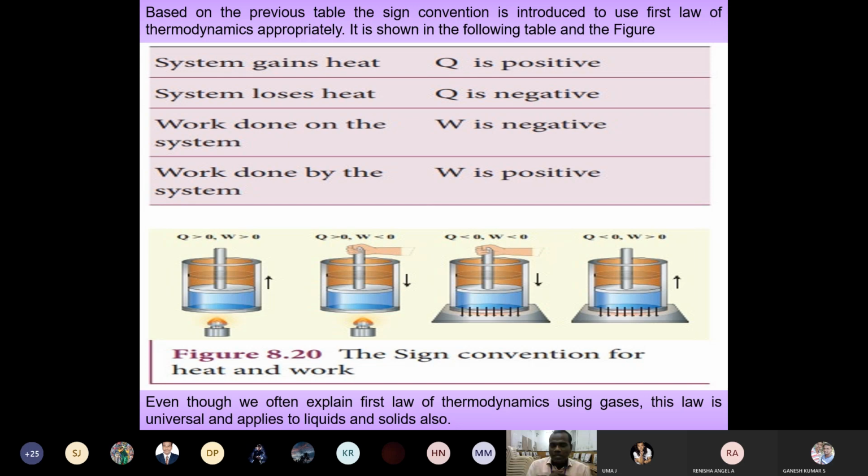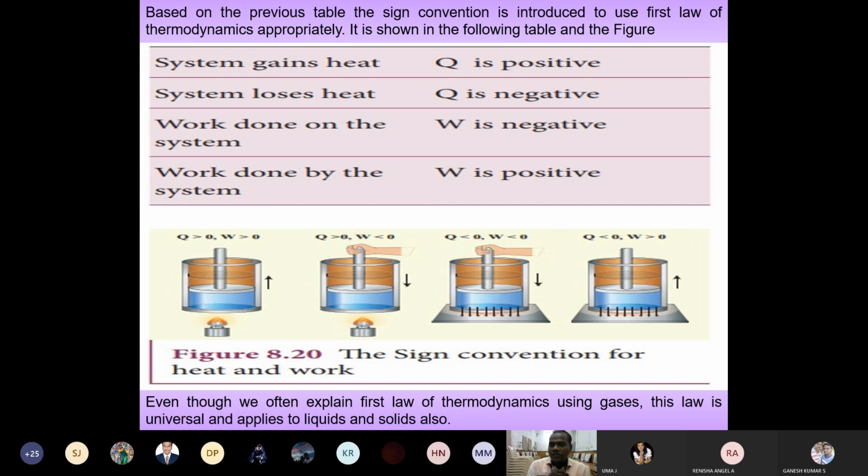And in the third figure, we are not heating the system here. There will just be conduction. We are doing work on the system, so W will be decreasing. Q is also decreasing. By doing work, the temperature inside the system will try to go out.